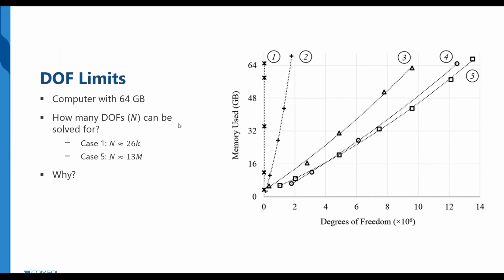So if we're working, for instance, on a machine with 64 gigabytes of memory, how large a problem can we solve for? In case 1, we can only solve for around 26,000 degrees of freedom, while in case 5, we can go over 10 million degrees of freedom. So tremendous difference.